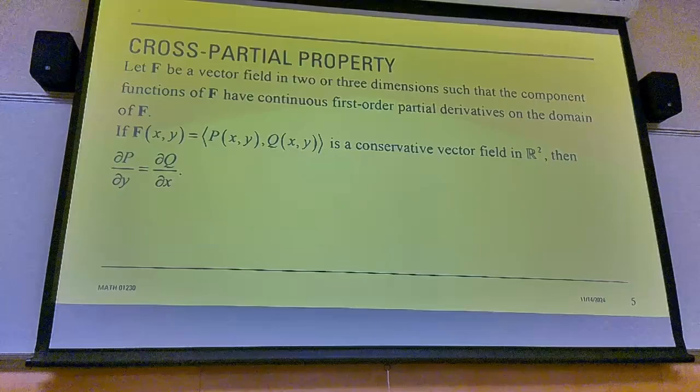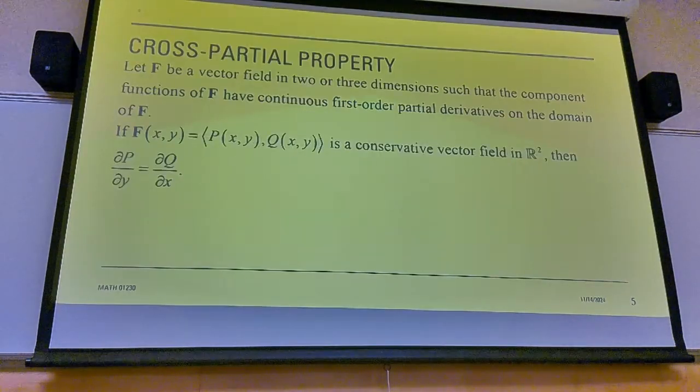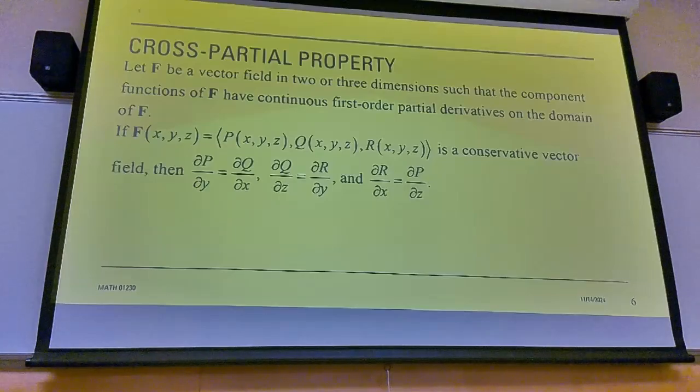What if it's P, Q, R? You still have the cross partial properties. All of your cross partials have to be equal. So partial P partial y is partial Q partial x. Partial Q partial z is partial R partial y. And partial R partial x is partial P partial z.